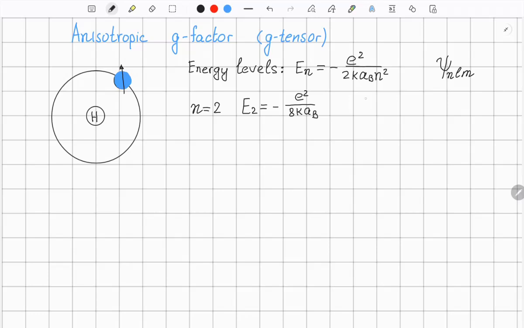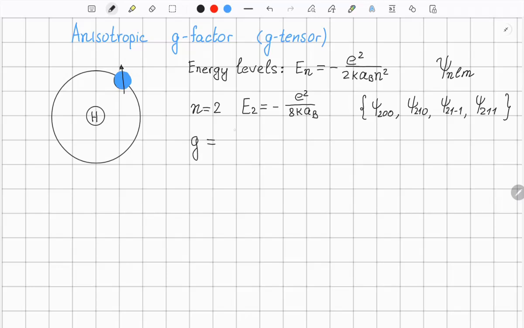We also know that there are four eigenstates associated with this energy level, determined by the possible values of the quantum numbers l and m. In this case, l can be either 0 or 1. If we assume l equals 0, then the total angular momentum of the atom is equal to the electron spin, 1/2.